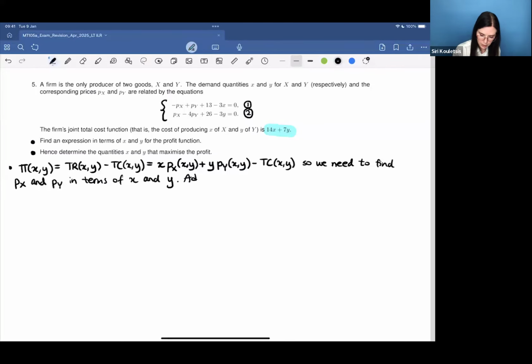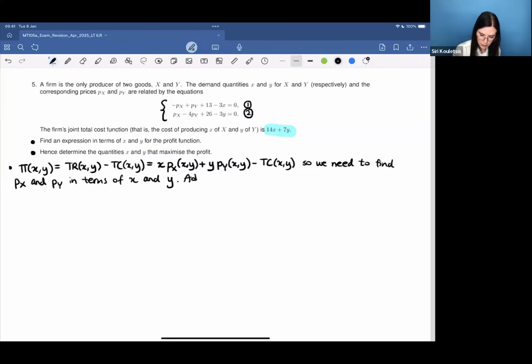Now, there are many ways, of course, of going about it. This is one of them. And just to demonstrate above what happens if we add equations 1 and 2, well, you can just see it like this.